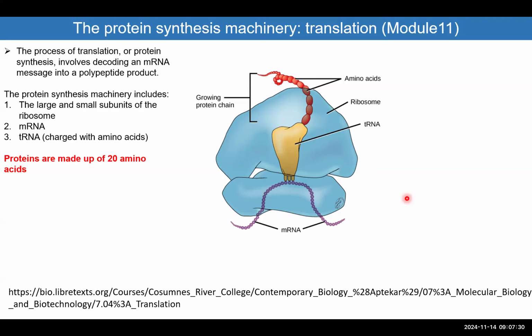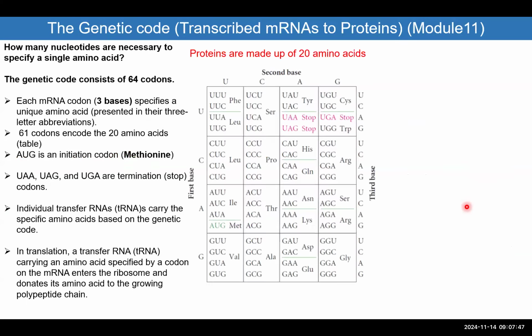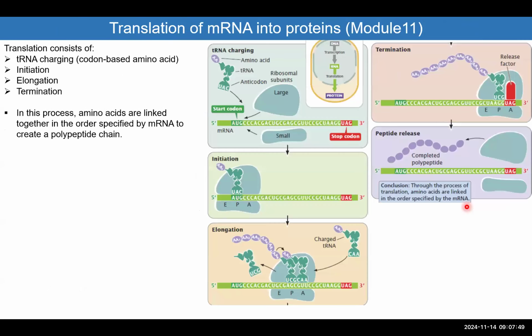Okay, so we discussed that a gene is transcribed into RNA, and the RNA is translated into a protein, and we discussed this in module 11. If you didn't go through that or you forgot it, please go back to these two slides. In the end, we will have the generation of polypeptides, and the polypeptides will generate the primary structure of the protein.